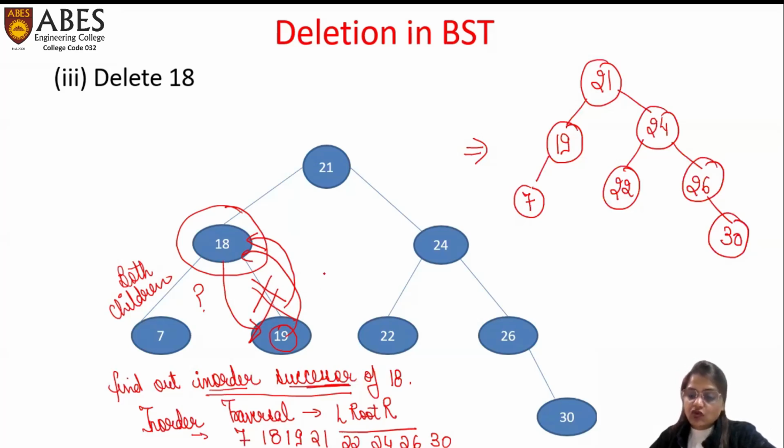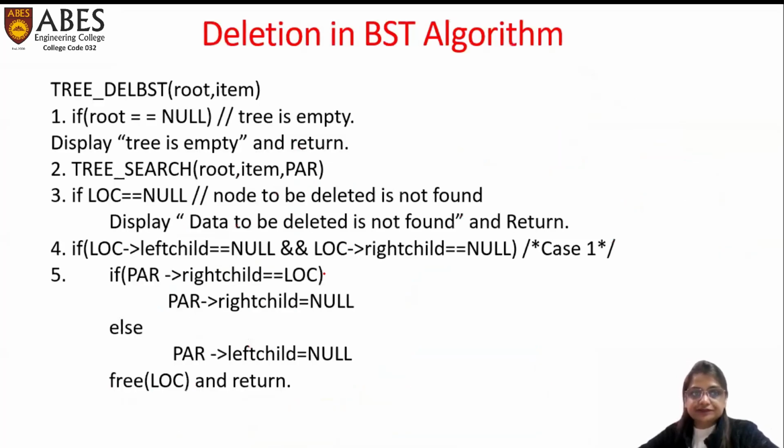Let us understand this concept through the algorithm. This is the binary search tree deletion case, in which I want to delete a particular node. First we have to look at which case needs to be applied here. If no child exists, then case 1 applies. In this, we are checking whether the root is null.